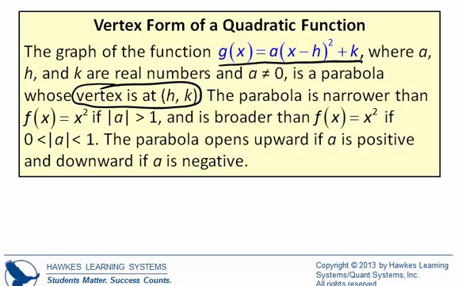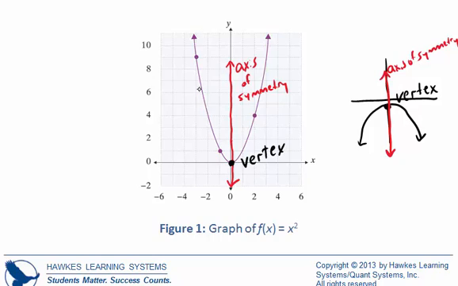I also know that since the absolute value of my a is equal to 1, it is going to have the same width as this basic graph. It's not going to be any wider and it's not going to be any more narrow.